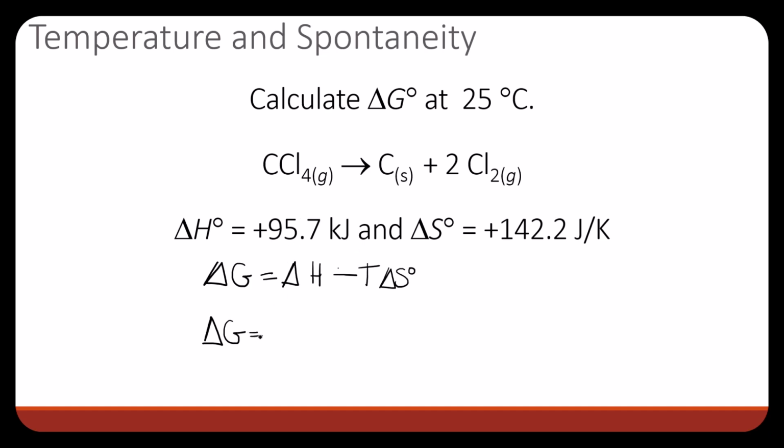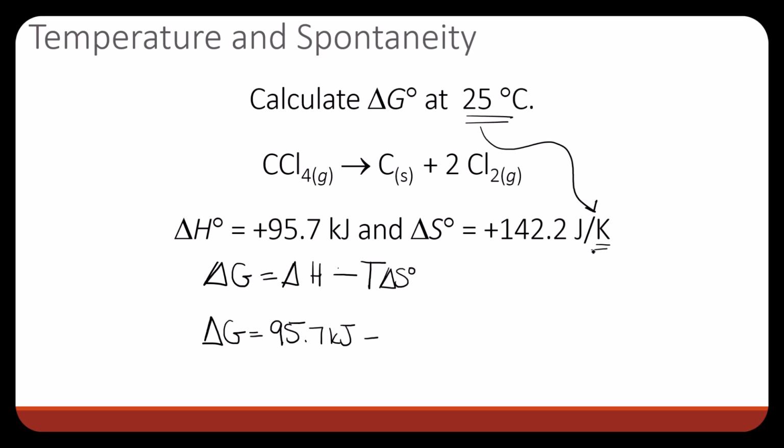So the first thing I'm going to plug in is the enthalpy change. So that is a positive 95.7 kilojoules minus temperature. Now it gives us temperature in Celsius. But if we peek down here at the units for entropy, what is that unit on the bottom?